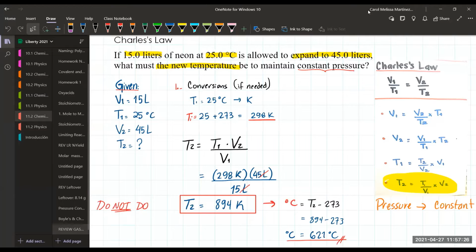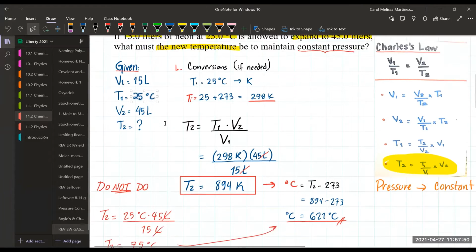So in the case that you think that you can use directly the Celsius, this is what you could get, okay? Temperature 2 equals 25 Celsius times 45 liters divided by 15 liters. So this is going to give you 75 Celsius.